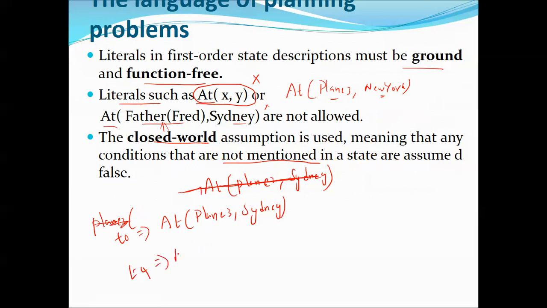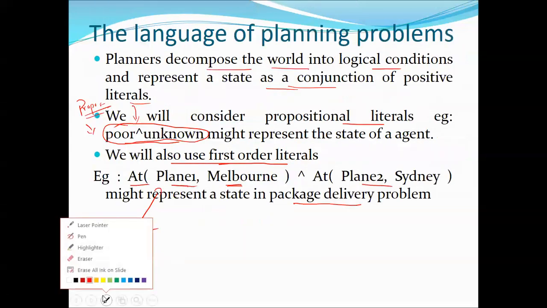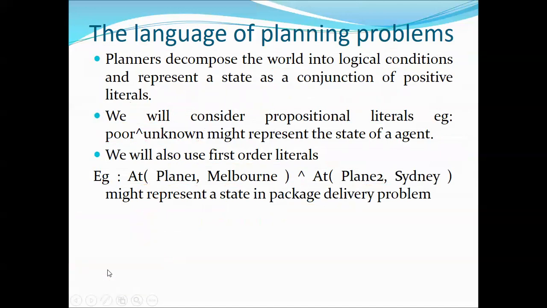So now to the knowledge base, we will add one statement, At(Plane3, NewYork), but at the same time, we will remove this. When you remove this, it means plane 3 is not in Sydney. That is what this statement says: any condition that is not mentioned in a state is assumed to be false.